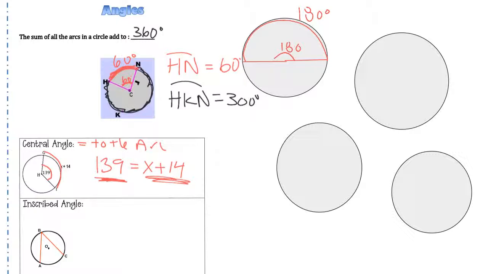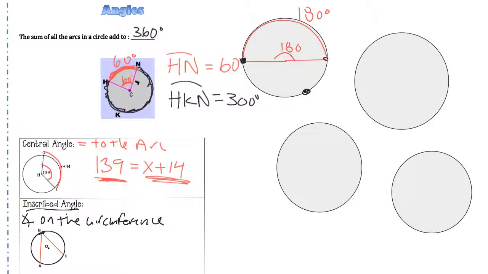Now, if I put an inscribed angle in there, an inscribed angle is an angle on the circumference. So it's not in the center, it's on the edge of the circle.